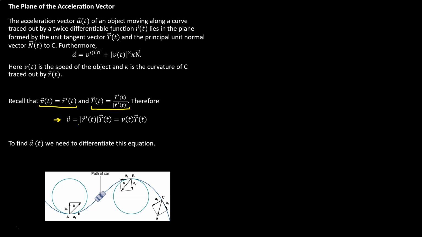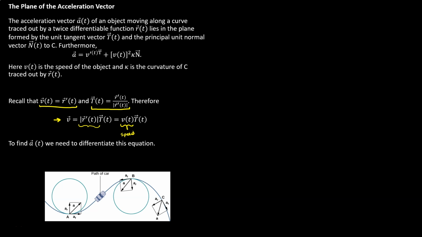And because we know that the magnitude of the first derivative of our position vector is the same thing as the speed function, remember this v of t is a scalar function which represents speed, then we know that velocity can be represented as speed times the unit tangent vector.